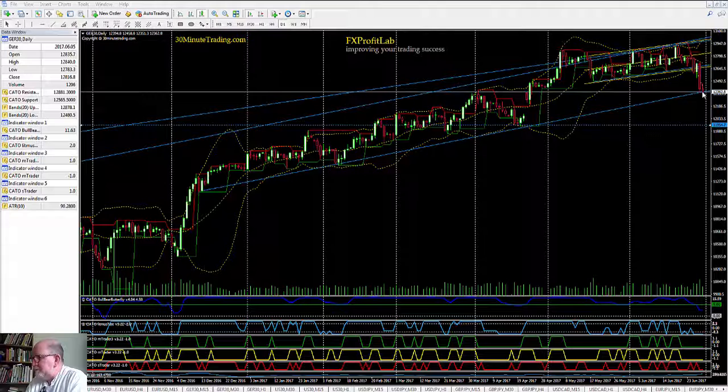If it is a support, it will then retrace back up to this sort of level here, 126,400 or so, or 126,600, something like that. That would be my expectation if it bounces off of there, and then we wait to see what happens after that, whether it carries on up or whether it reverts to the downtrend.